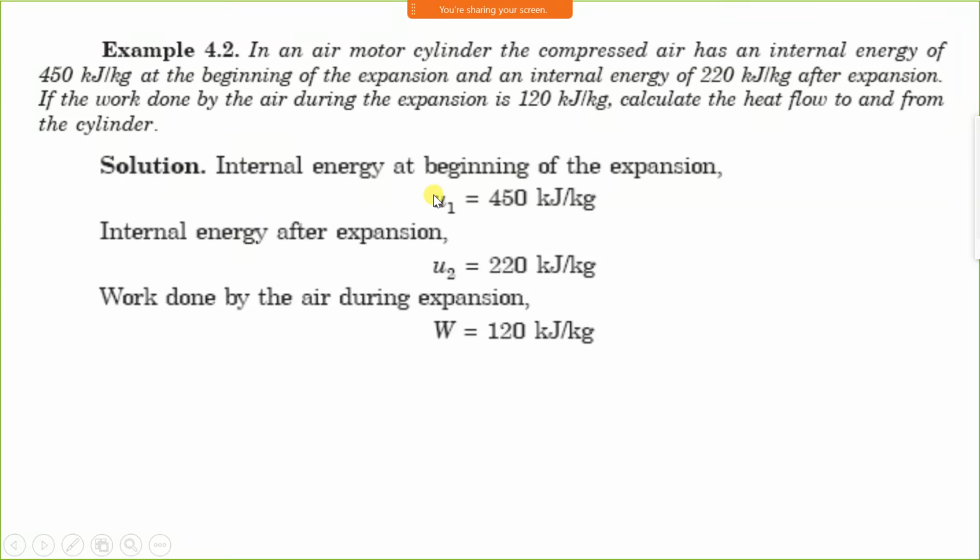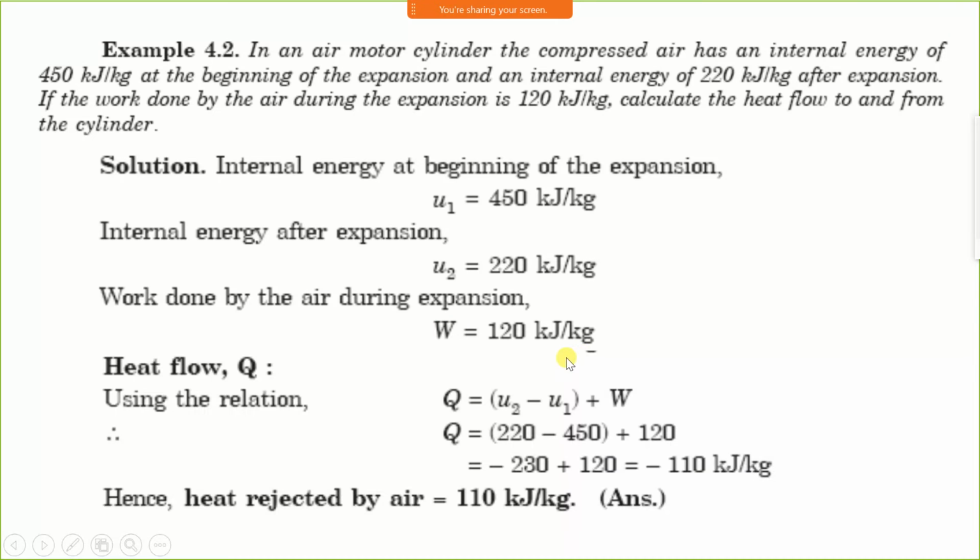Internal energy at beginning is U1, 450, internal energy after expansion U2 is 220. Work done by the air during the expansion, W is equal to 120 kilojoule per kg. According to first law of thermodynamics, Q is equal to change in internal energy plus W, that is U2 minus U1. Remember the formula delta U is U2 minus U1 always.